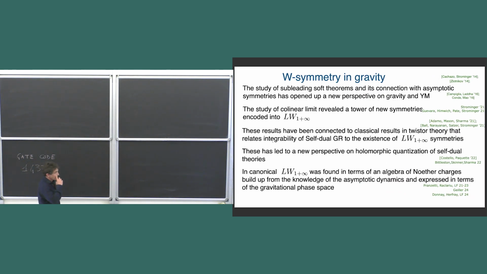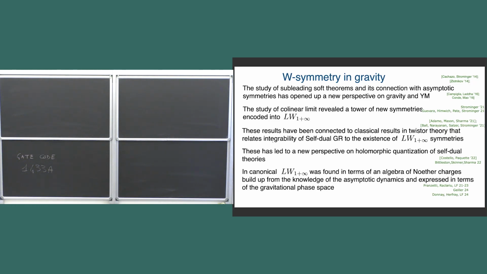So what I want to talk about is the fact that in the 60s, 70s, 80s, people studied this BMS symmetry. And we know that this BMS symmetry seems to control a lot about the properties of the amplitudes.